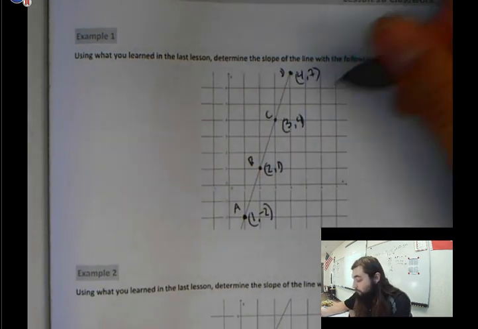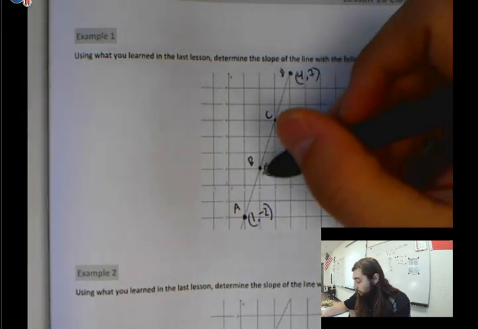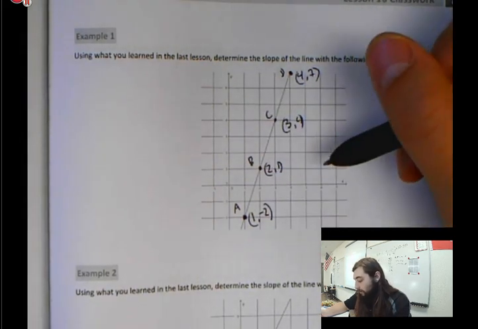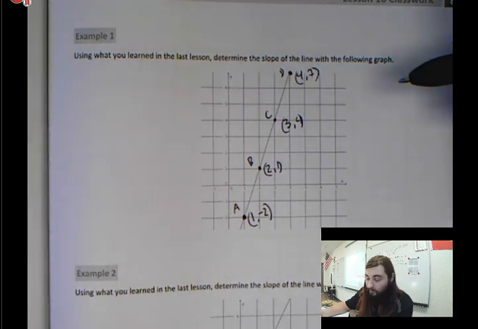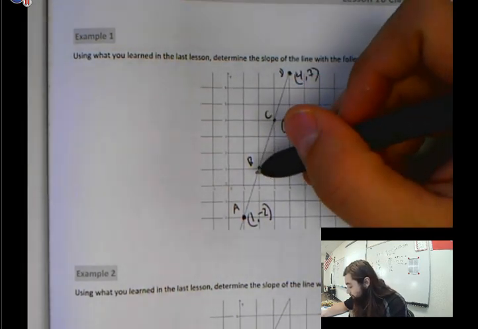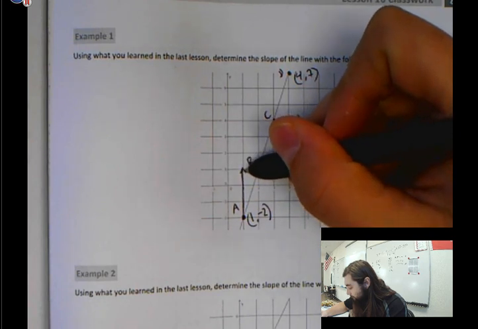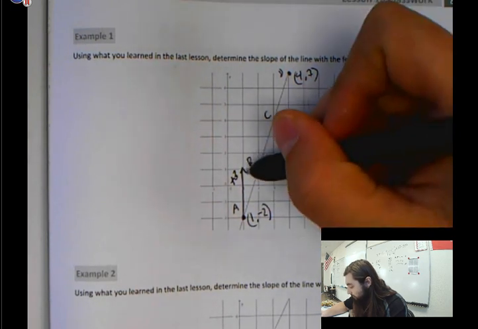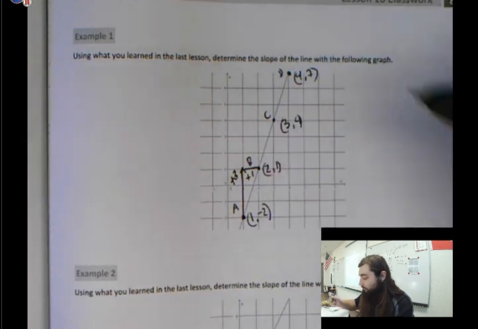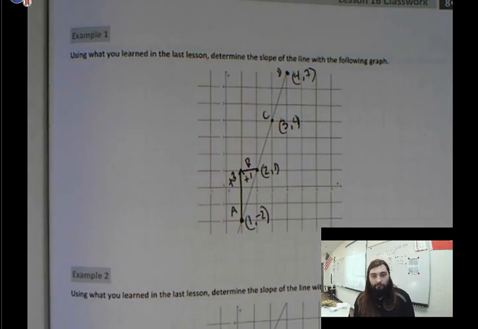So when we find the slope of this line, we have to look, we're going from A to B. Okay, I'm just going to start there, make it super easy. Just pick the first 2 points. To get from A to B, I have to go up 1, 2, 3. So it's up 3 and then to the right 1. Okay, we said up and down, those are positive values, or up is positive, down is negative, to the right is positive, and to the left is negative, just like on a number line.